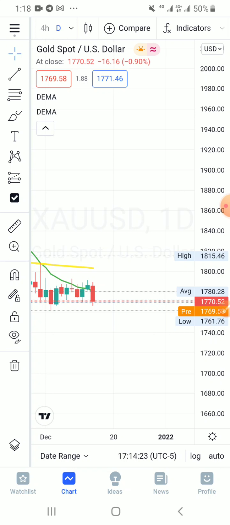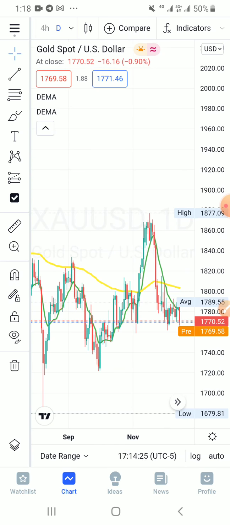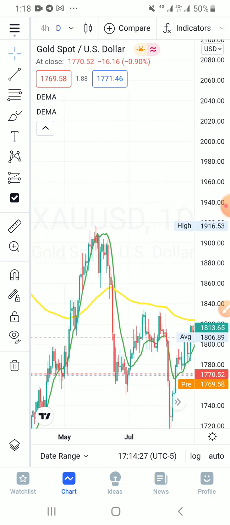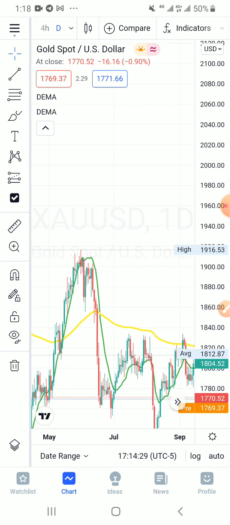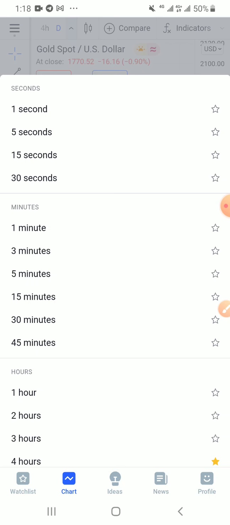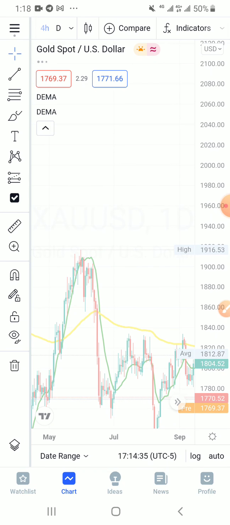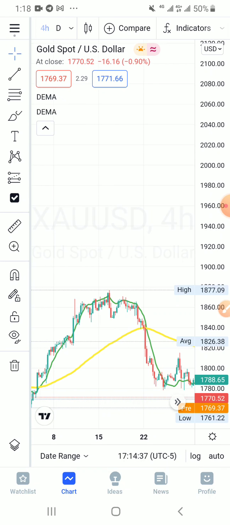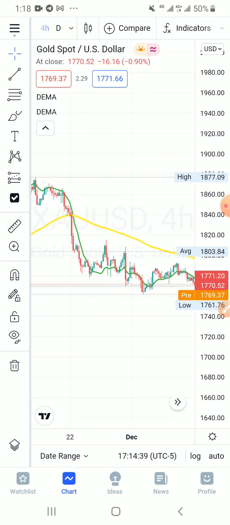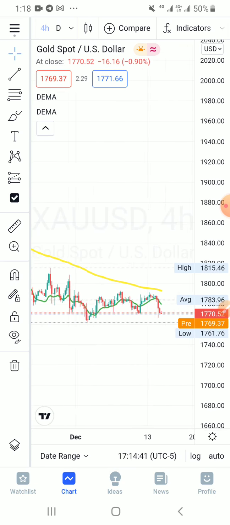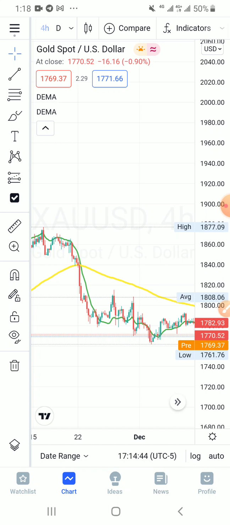So now what I will do is detect the trend. As you can see, right now we are in gold. If we want to get the trend, I would always like to use the 4-hour. The 4-hour clearly shows you where the market is trending for sure.